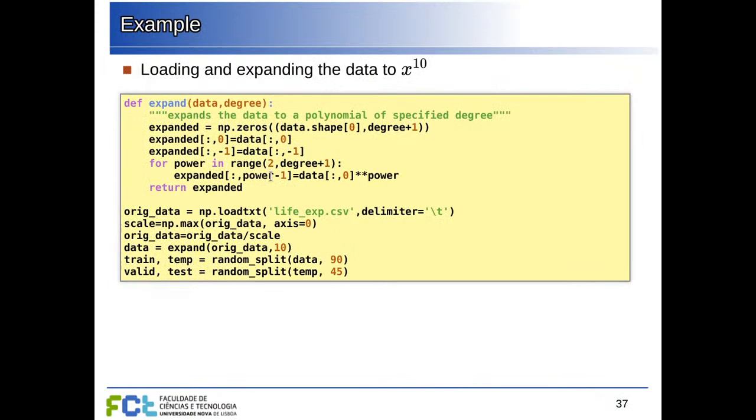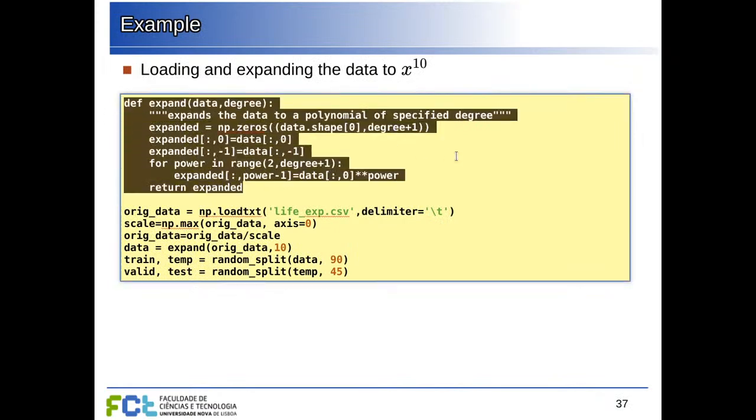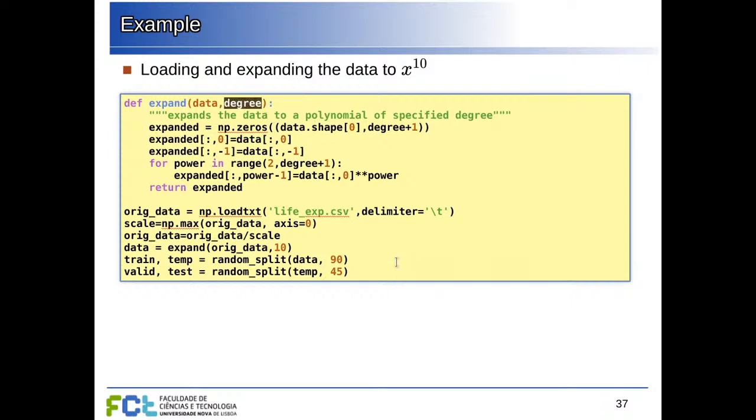We can create this function to expand to some degree that we want. So let's assume that we receive a data matrix that has the x value in the first column and the y value in the second column. And now we're going to create a matrix that has x, x squared, x cubed, and so on, increasingly until the degree that we want.